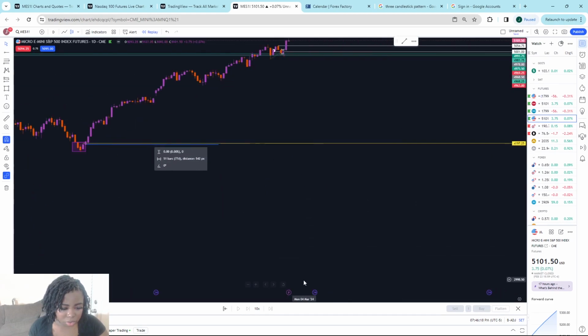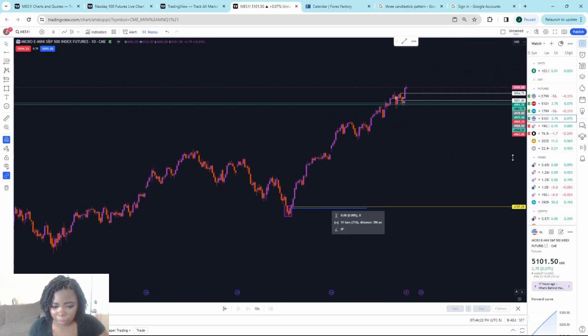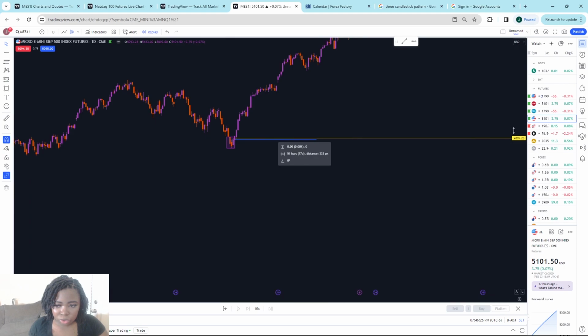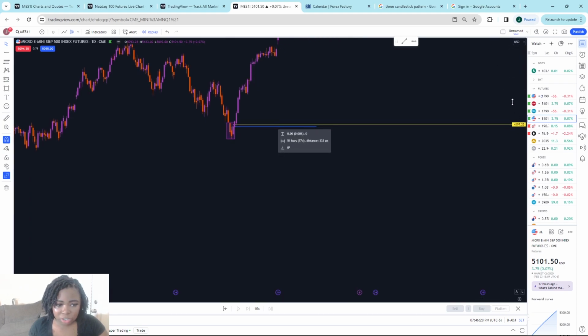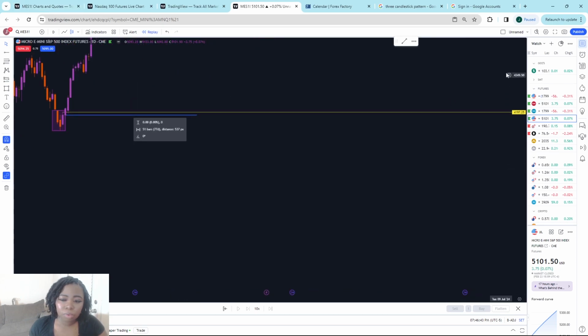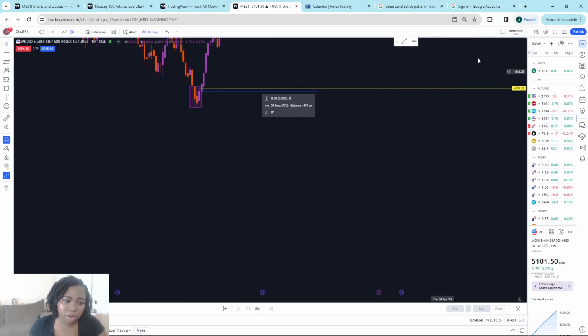Okay, so we're on the daily, and I found those three candles again that I had mentioned to you before. Now, on the first example, the second candle was higher than the first and the third. On this one, this candle is lower than the first and the third candle.